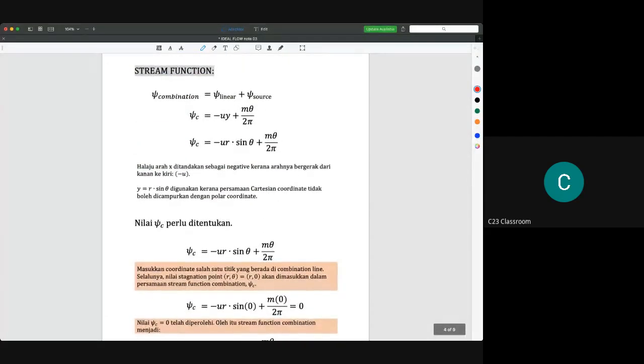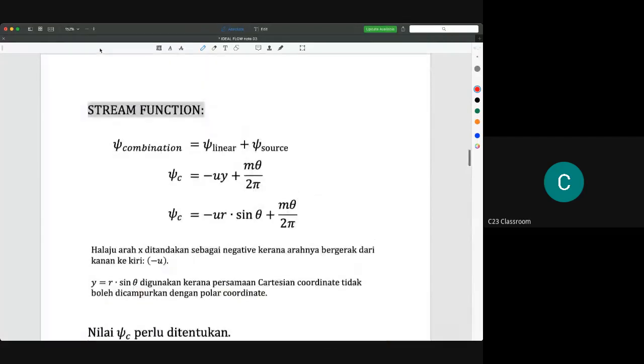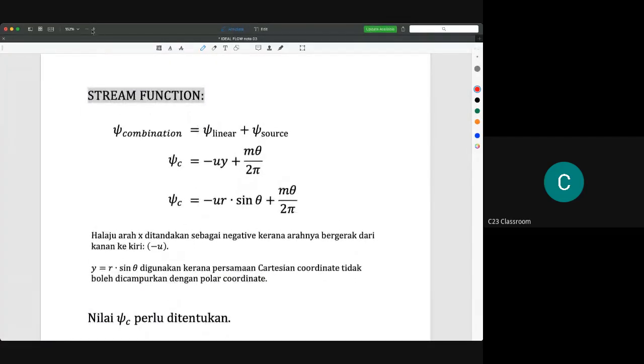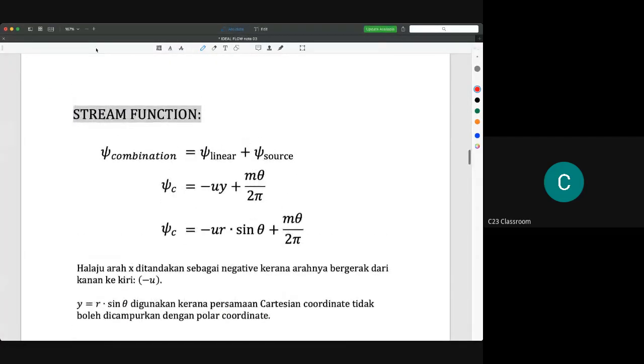Okay, now we will go to the mathematical approach. So we need to calculate what is the stream function. The stream function here means the combination stream function. So this stream function depends on the situation. It is not necessarily linear and source. It depends on the question. If the question asks linear, source, and vortex, then you need to do the combination of those conditions. Okay, first we are learning about linear plus source.